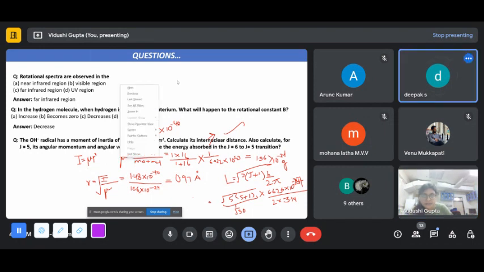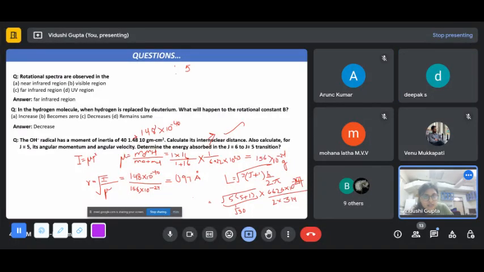So the value of L will be 5.77 into 10 minus 27. So now you have to calculate the angular velocity.